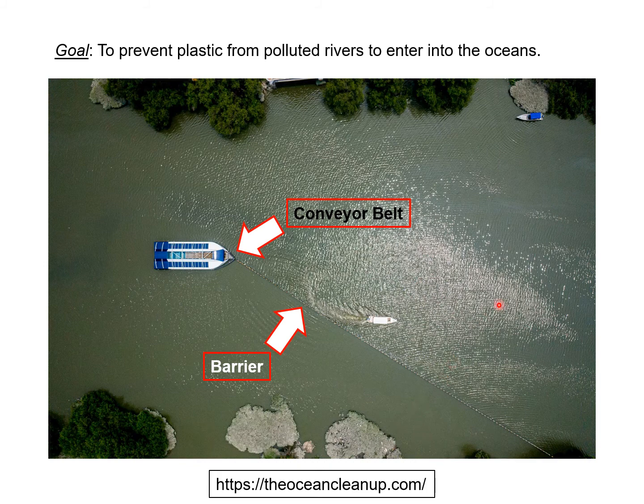And the flow of the trash is going to go towards the boat as the boat is going forward. As the boat is collecting the plastic waste, it'll go into a conveyor belt right at the tip of the vessel, and all the plastic waste will go right into the boat, and it's a way to intercept the plastic and take it out of the rivers.